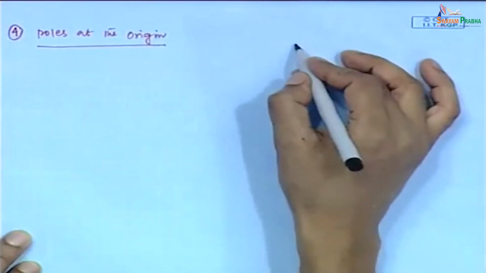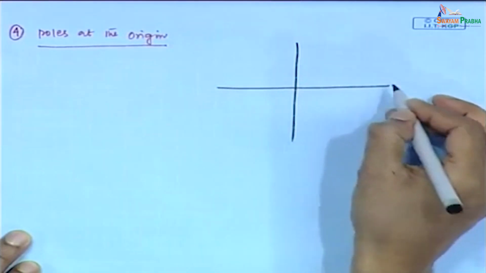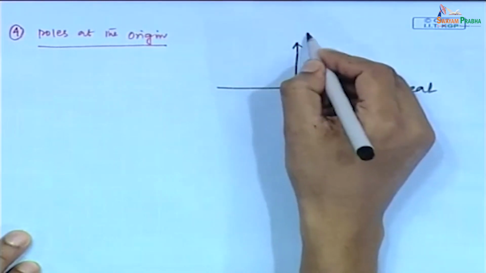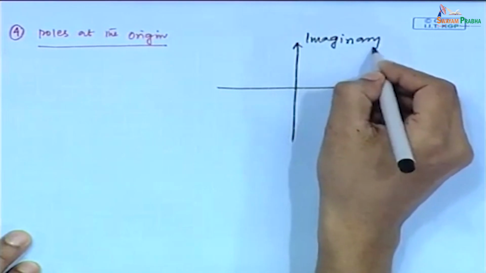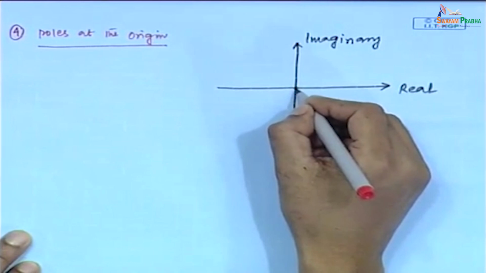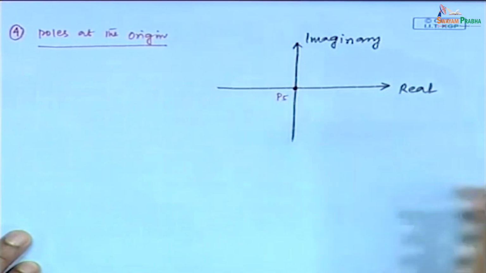I mean, if we draw the complex plane, this is real and this is imaginary, the pole P 5 is present here, this is P 5.